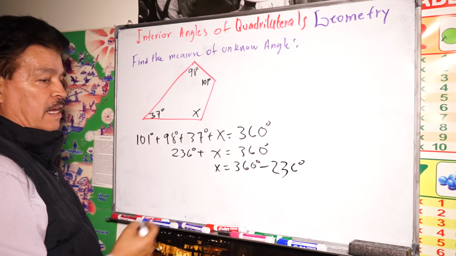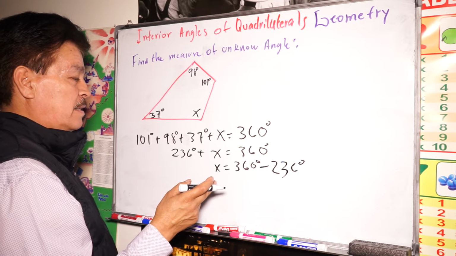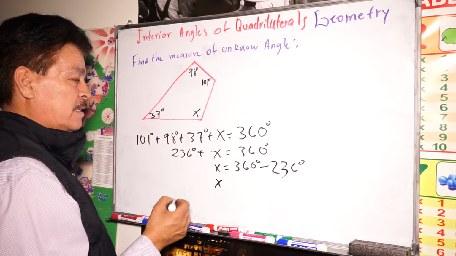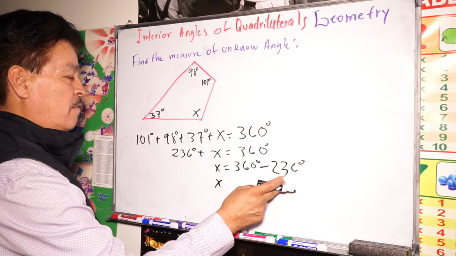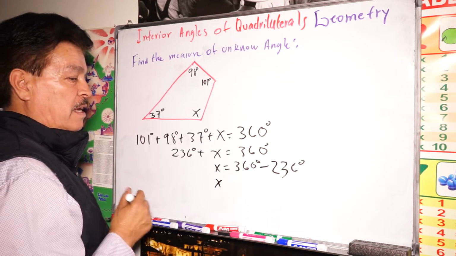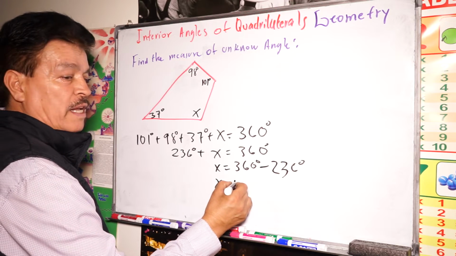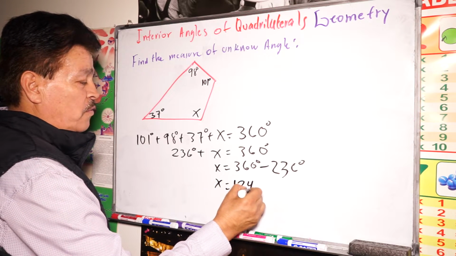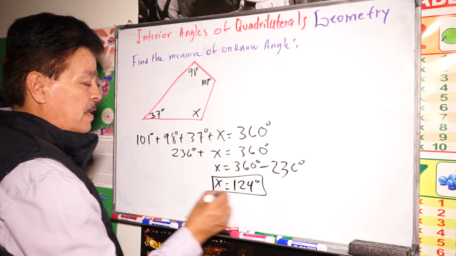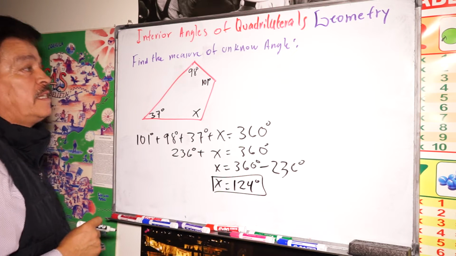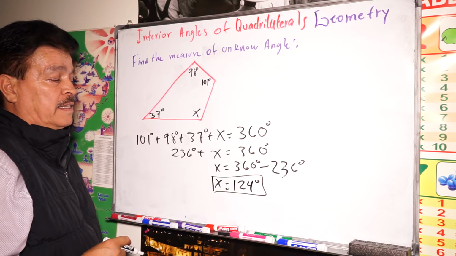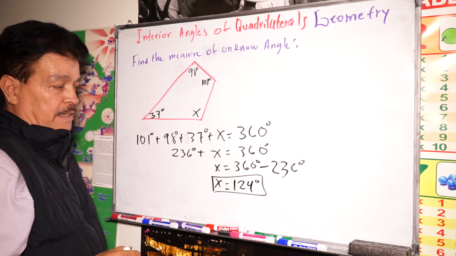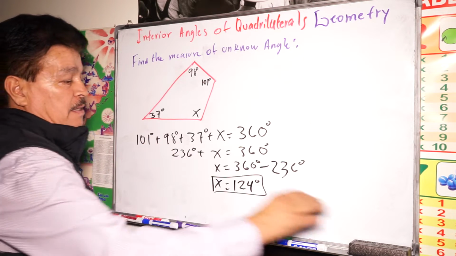You subtract that, and x is going to be 124 degrees. This is the missing angle, 124 degrees. All right, it's easy, our class.